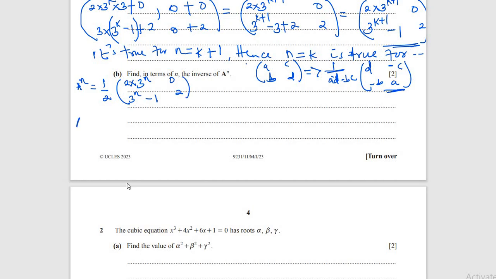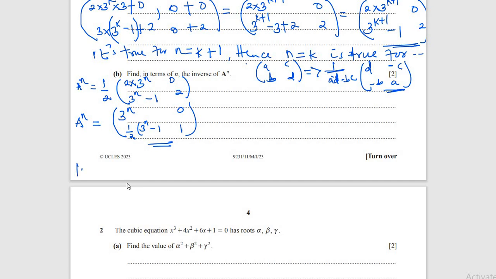So A raised to the power n, open the bracket by half: the matrix will now become 3 raised to the power n. This one will become half of 3 raised to the power n minus 1. This one becomes 0. Half of 2 is 1. This is the matrix.